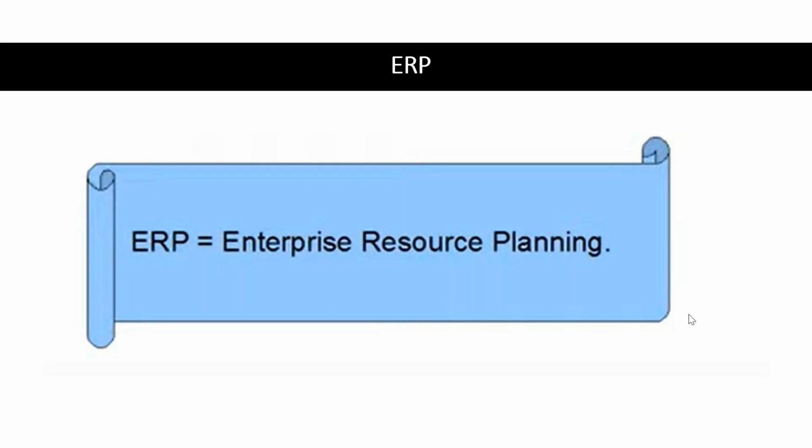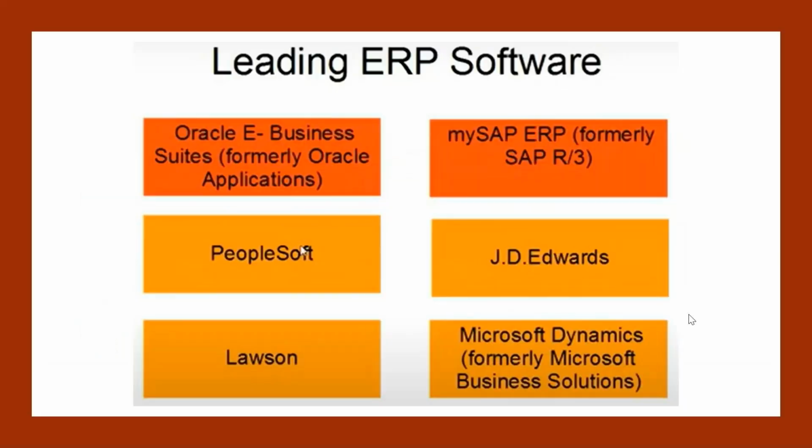Now in the present version it is called Oracle Fusion. And if you say SAP, we have the SAP ERP product in the market, and some organizations are using Tally, PeopleSoft or Microsoft Dynamics.